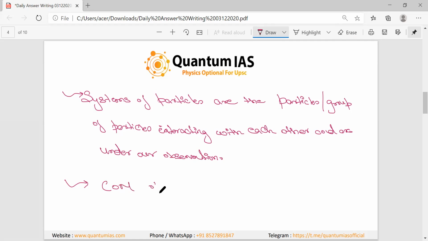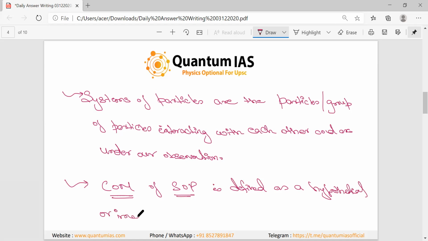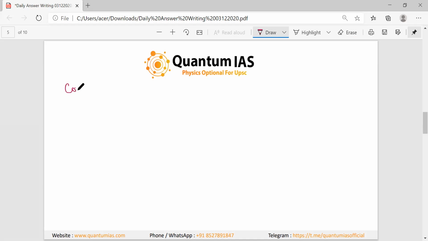So center of mass of system of particles, do not use these abbreviations, use the full-length words. Center of mass of a system of particles is defined as a hypothetical, or you can say imaginary, point at which all of the masses are concentrated. So what does it mean? All of the masses are concentrated there.